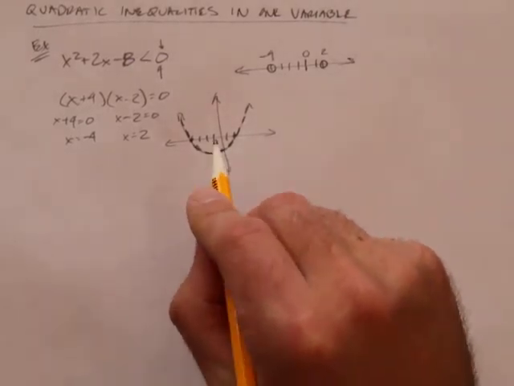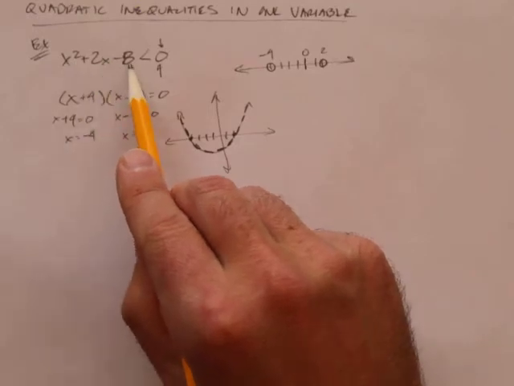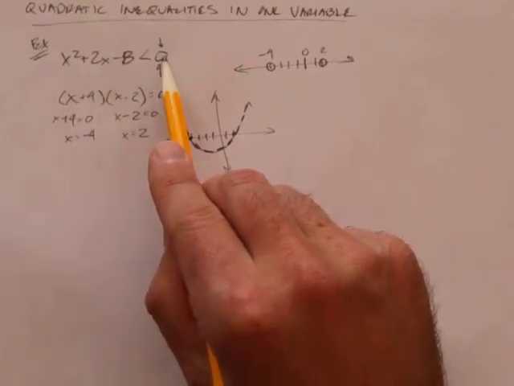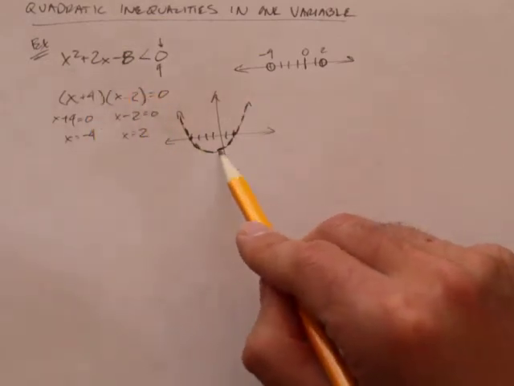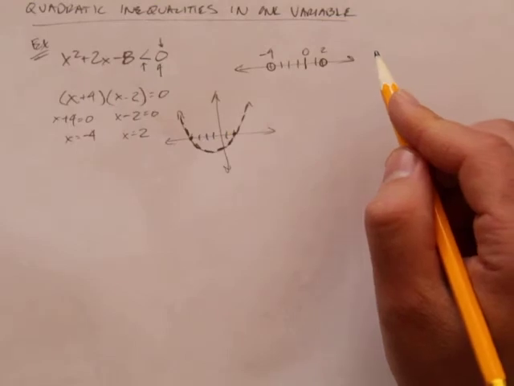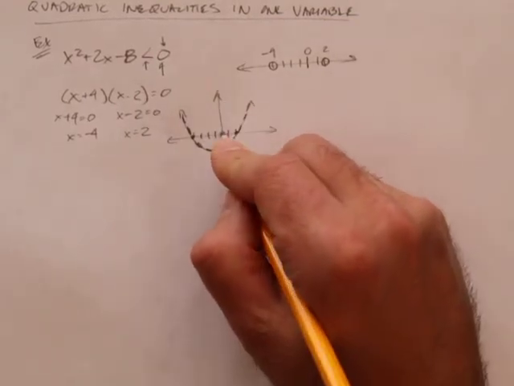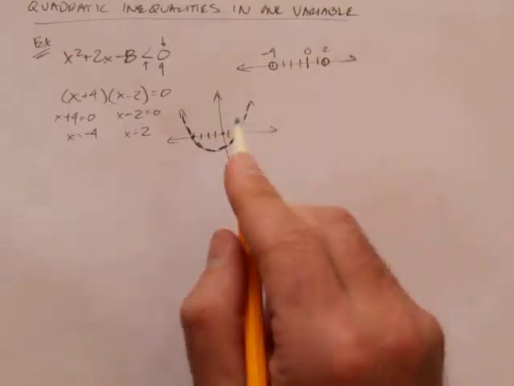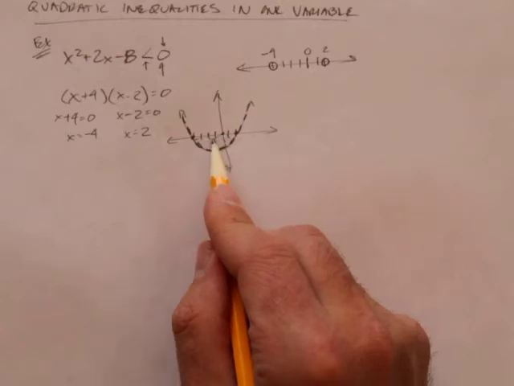Now, we are saying that this is less than 0. We are looking for the parts where the x values are less than 0. So that means if this is 0 right here, then everything less than 0 is under here.